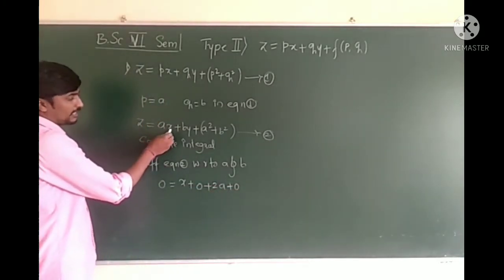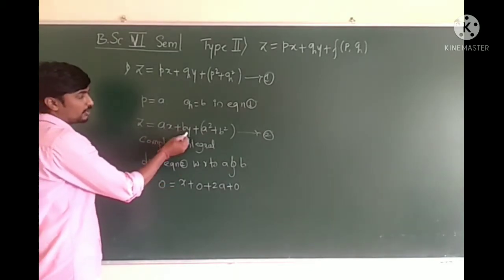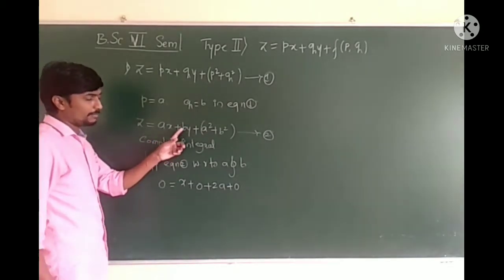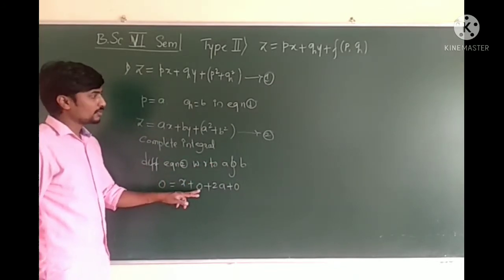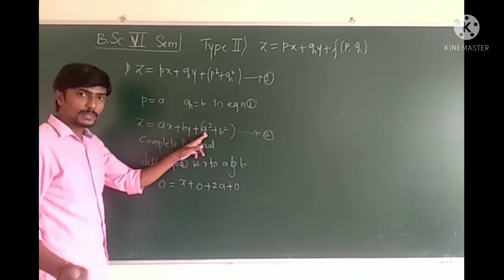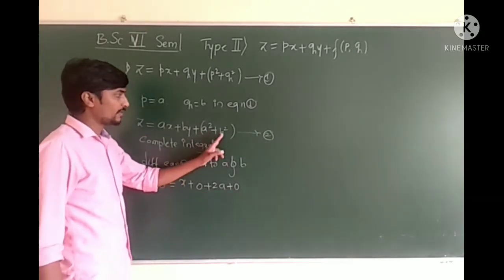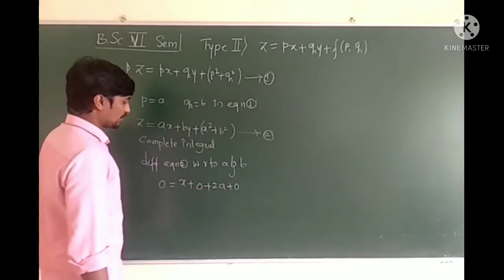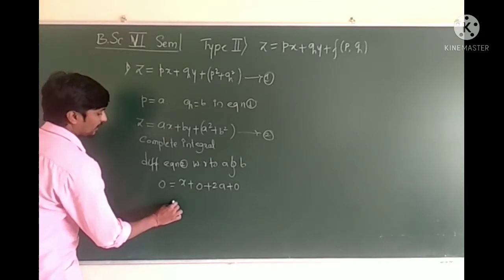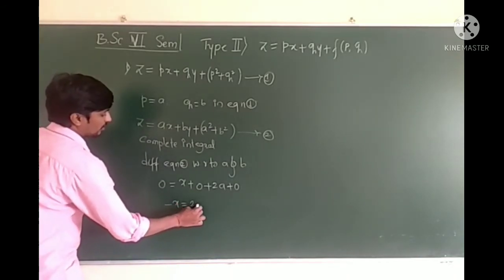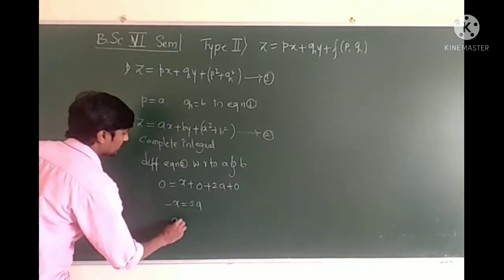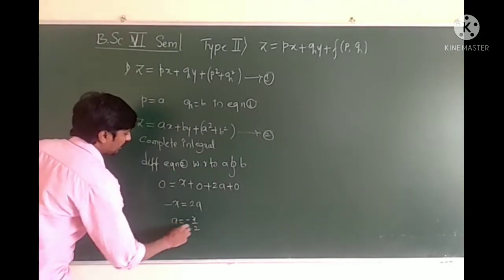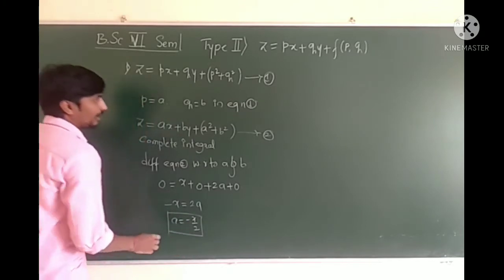Differentiation of ax is x; by is a constant with respect to a, so its value is 0. Differentiation of a square with respect to a is 2a, and of b square is 0. So minus x equals 2a, therefore a equals minus x divided by 2. This is the value of a.